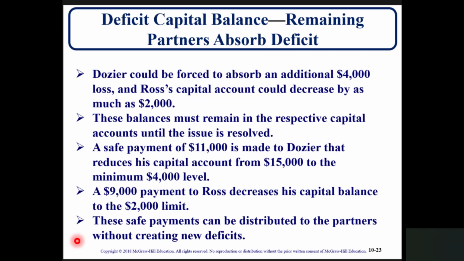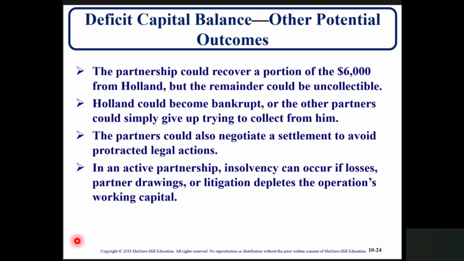So basically, Dozer was supposed to receive $15,000, but he's going to take a $4,000 loss out of the $6,000, which is going to allot him $11,000, and Ross is going to take a $2,000 loss, which is going to allot him $9,000 out of his $11,000. And so they're leaving essentially $6,000 to cover the $6,000 loss from Holland, but they're going to distribute the $20,000 that's available.